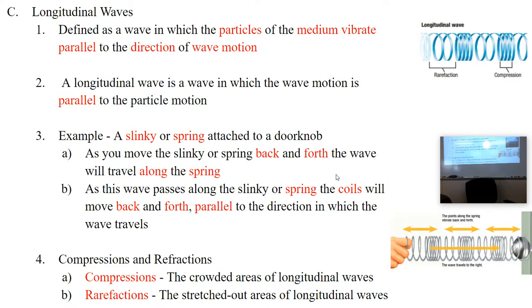Compressions are the crowded areas. So if you look at this image over here on the right, where you have these coils that are closely put together, those are compressions. Then you have rarefactions, the stretched out areas in the longitudinal waves.